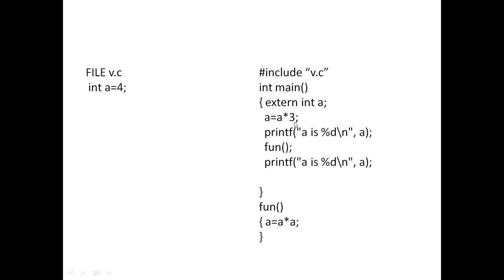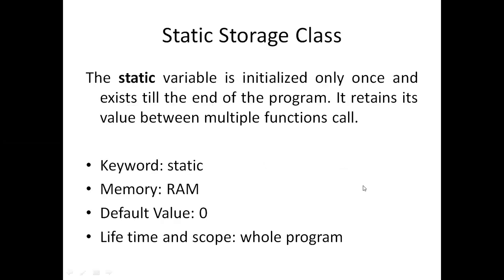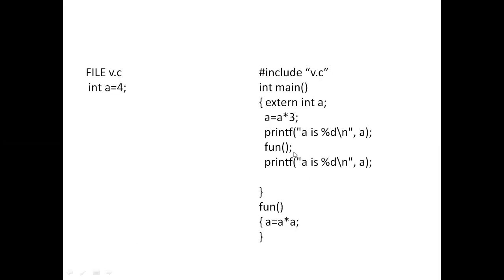That a will now be multiplied by 3, and then you are calling this function fun, then multiplying a into a, and keeping the result in a. So what will be the output? You can run this program and see the output by yourself.